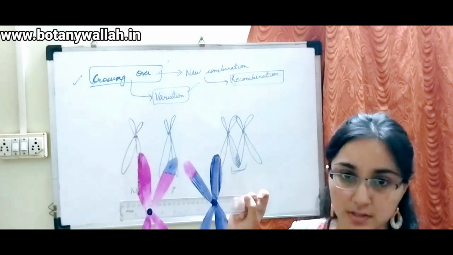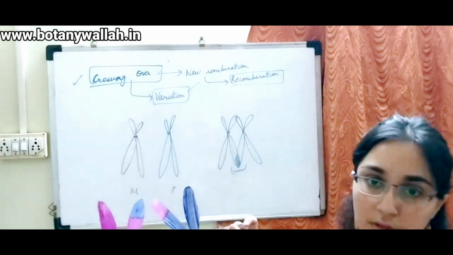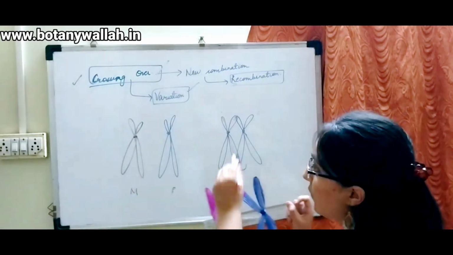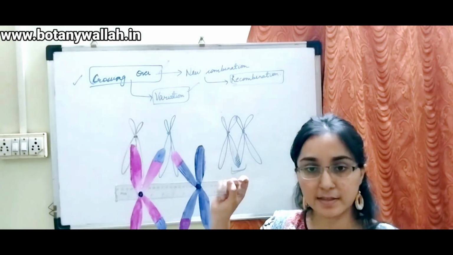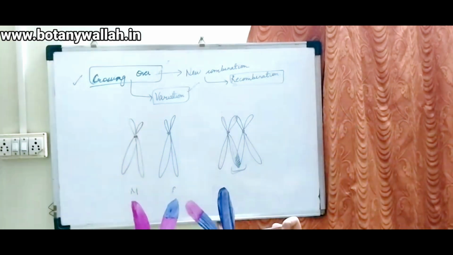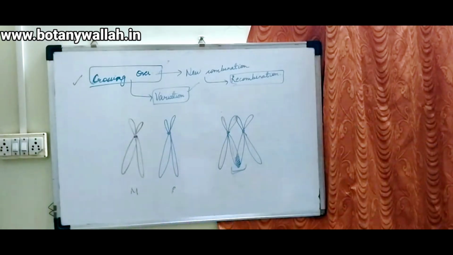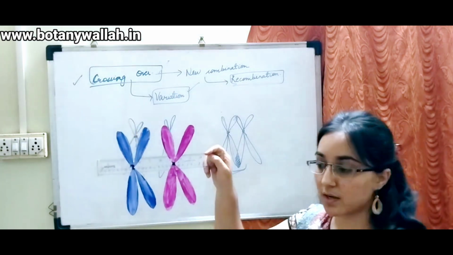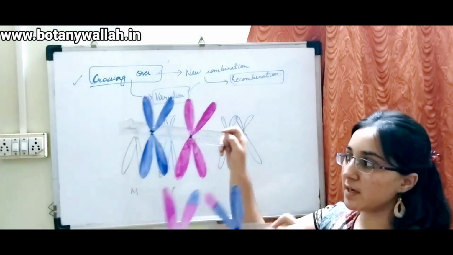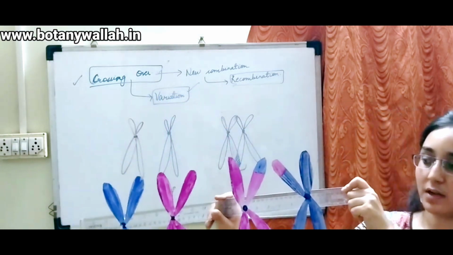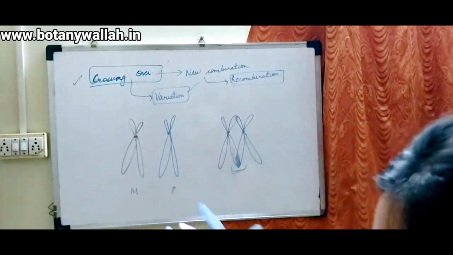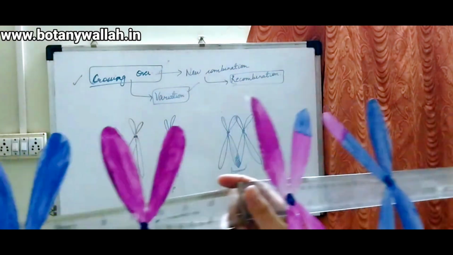This is known as crossing over, which brings about recombination, which also gives you variation. I think this is very clear. I spoke about chromatids and all, so I will show you this crossing over concept once again so that it is clearly understandable. I will come forward and show you this.